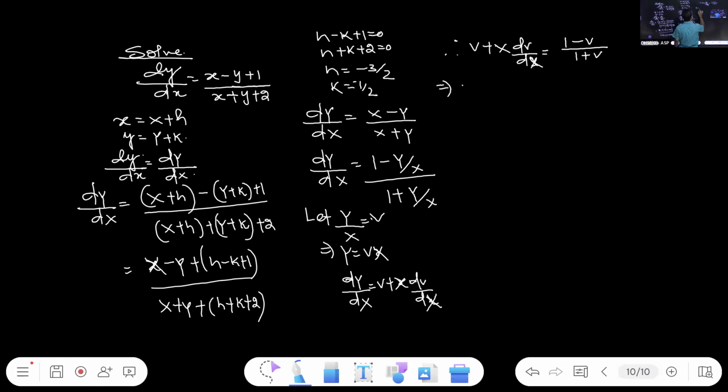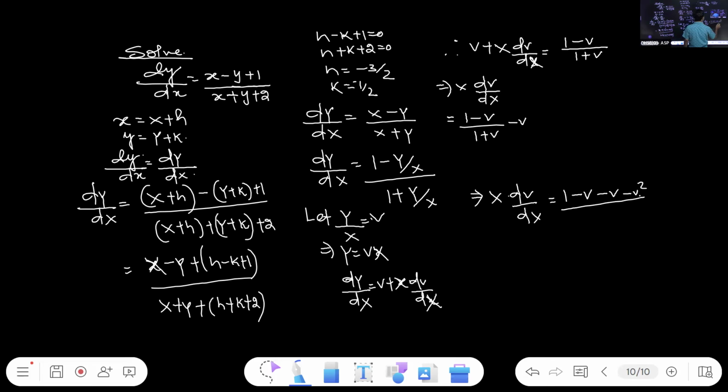This implies X dv upon dX equals (1 minus v) upon (1 plus v) minus v. This implies X into dv upon dX is equal to (1 minus v minus v square) upon (1 plus v). This is equal to (1 minus 2v minus v square) upon (1 plus v).